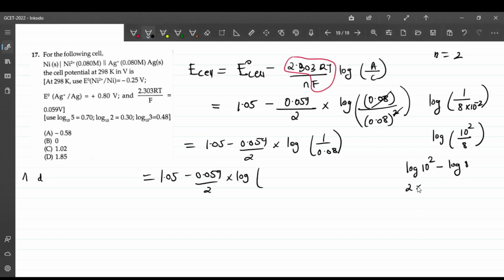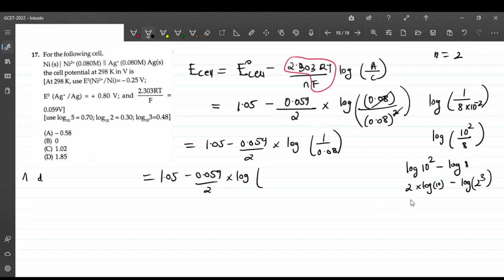This will be 2 into log 10 minus log of 8, which could be written as log of 2 raised to 3, right? Why did I convert this to 2 raised to 3? Because we know the log of 2. Log of 2 is very common. Every student should know this. That is, log of 2 is 0.3010 when the base is 10, right?